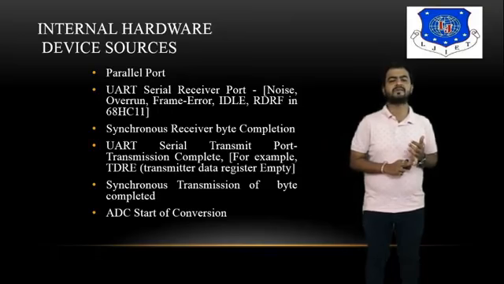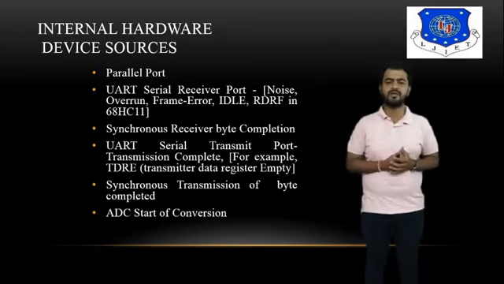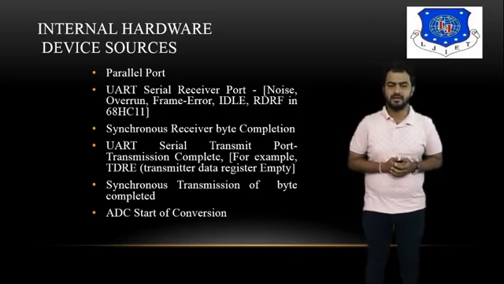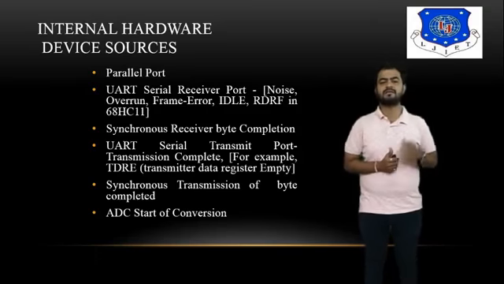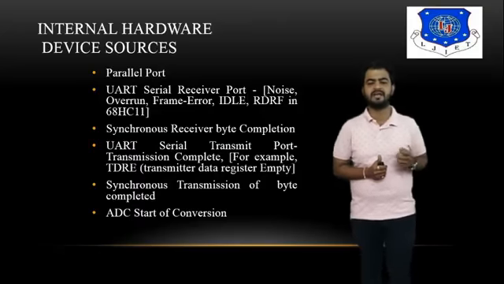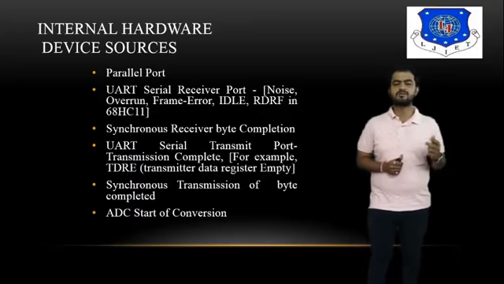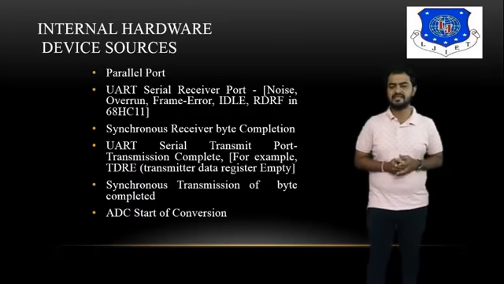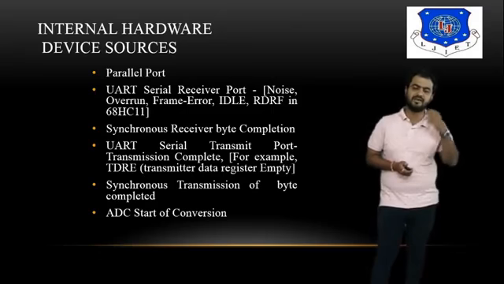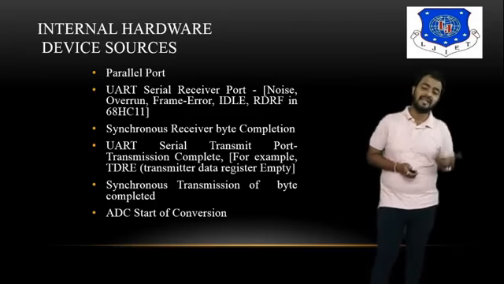These are the different types of processors we discuss, with the communication configurable port. Synchronous receiver, UART, serial transmitter port transmission complete, for example TDRE, the transmit data register empty. Synchronous transmission of the byte complete. ADC start of conversion, in terms of the data transmitted from analog to digital conversion in the sensor part.